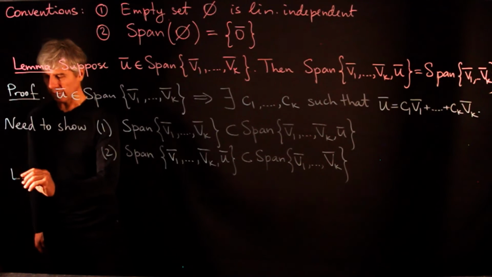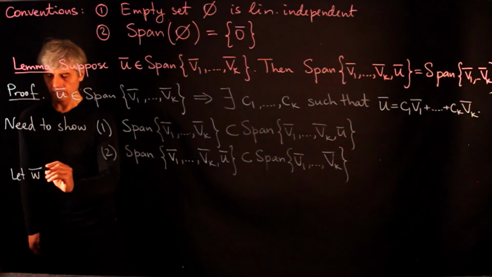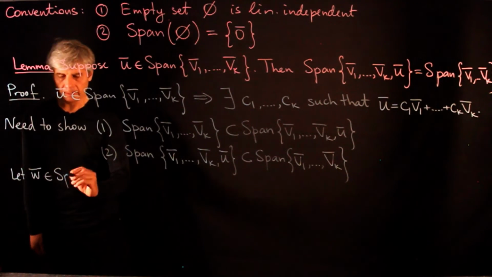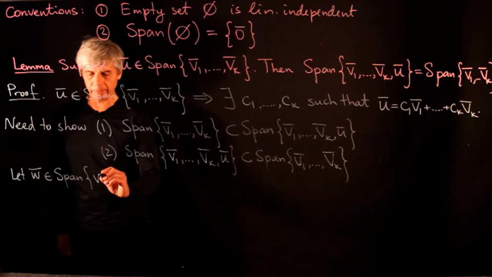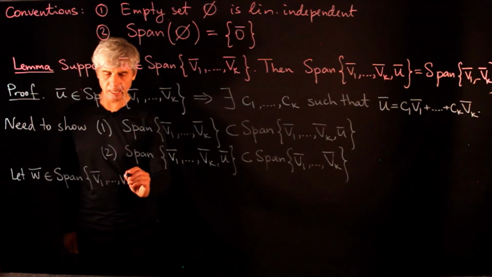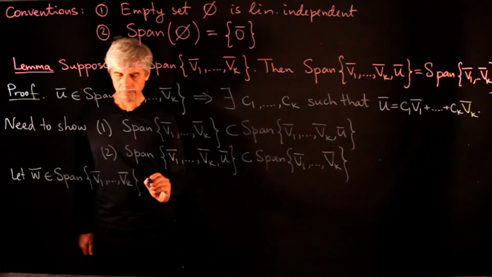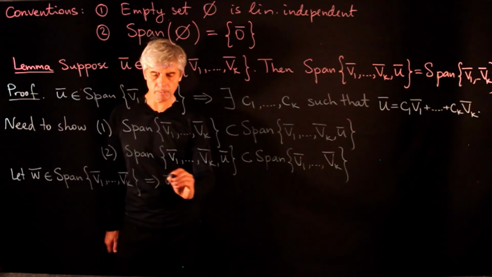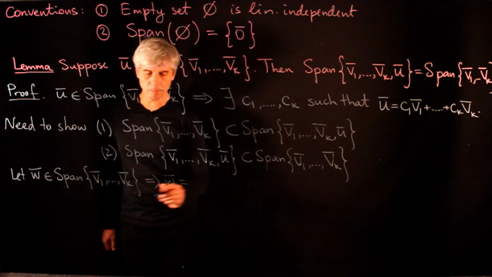So let w belong to the span of v1 through vk. This implies that w can be written as a linear combination of these vectors.